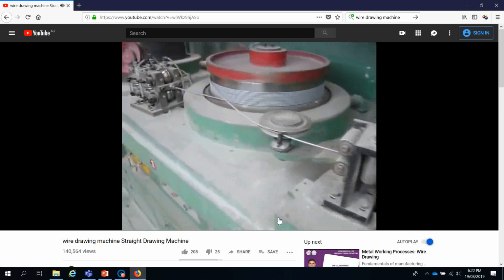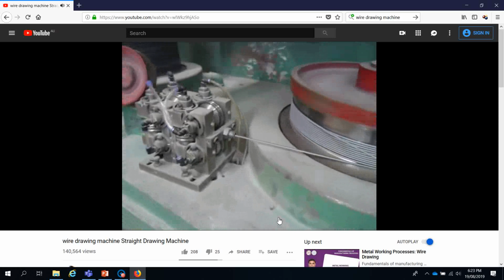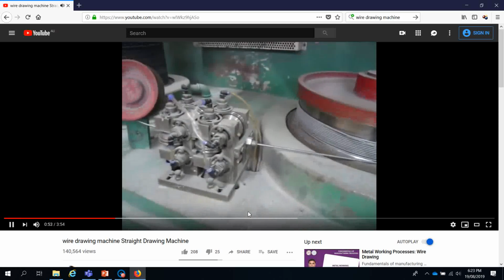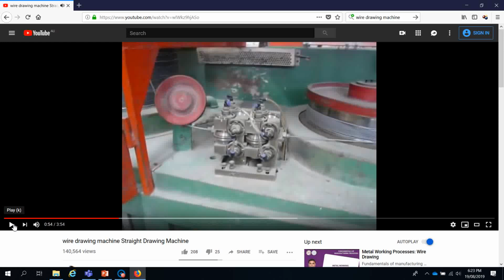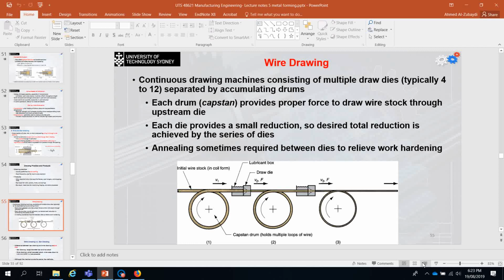So now what's the use of these rollers, the capstan drum? What will be the use of that? I showed that the diameter was big and it was revolving around multiple times. So this is going to use less force to pull the part through the die.